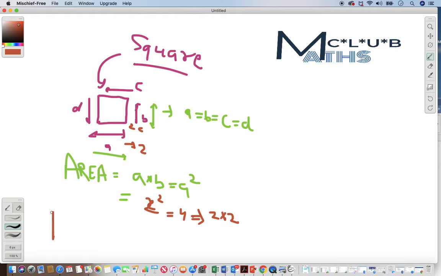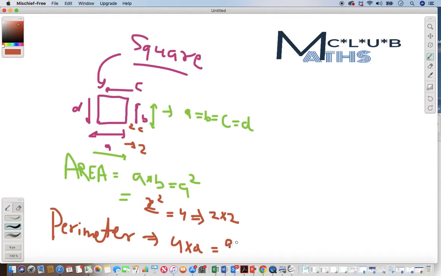And now let's talk about perimeter. Perimeter covers all four sides, vertices and edges. The perimeter of a square is 4 cross A, where A is the side, so we multiply it by 4.